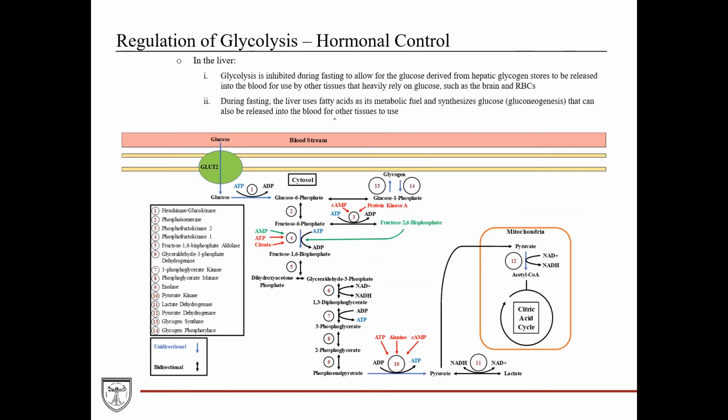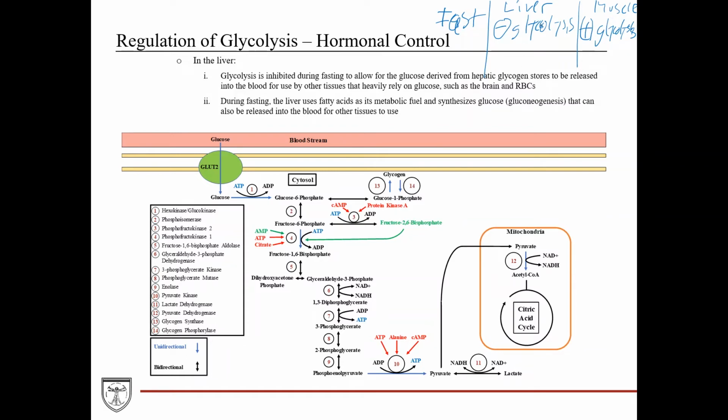Now, in the liver, glycolysis is inhibited during fasting versus the muscle. So here, we'll do during a fast, in the liver, you're inhibiting glycolysis. And then in the muscle, you're stimulating glycolysis because the main source of energy is going to be glycogen breakdown.